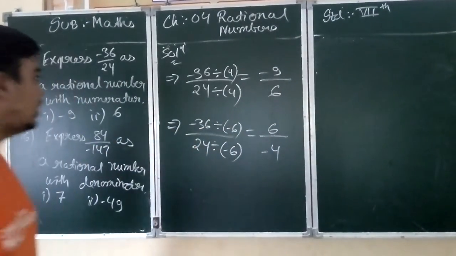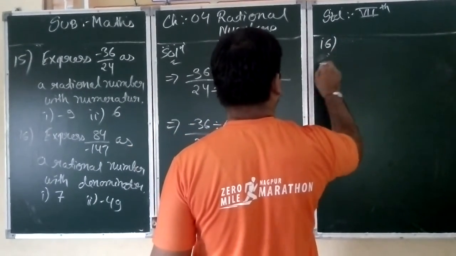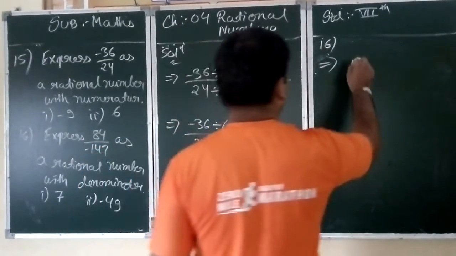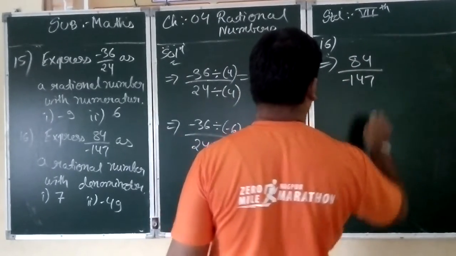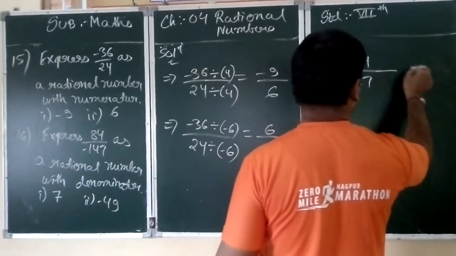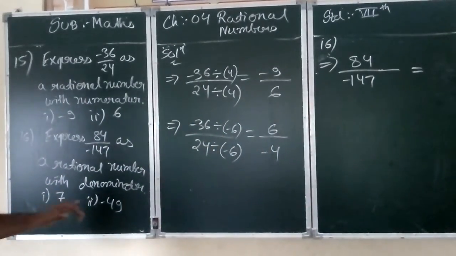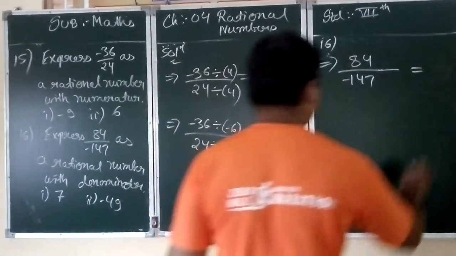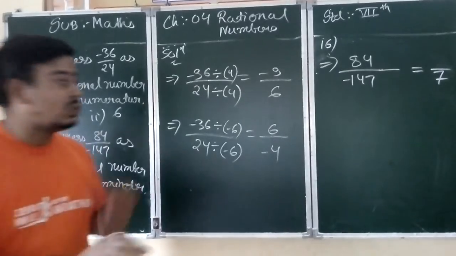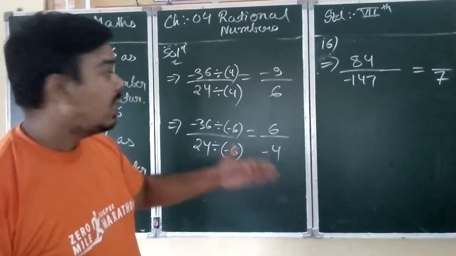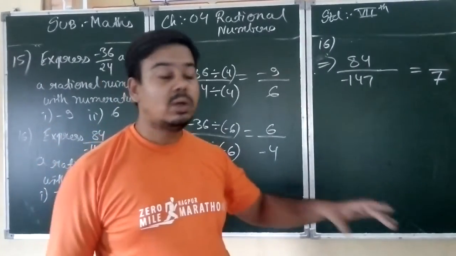So next, question number 16. 84 divided by minus 147. Now the denominator is minus 147 and we want the denominator to be 7. So change to lowest terms. Always remember, when we change to lowest terms, we divide.